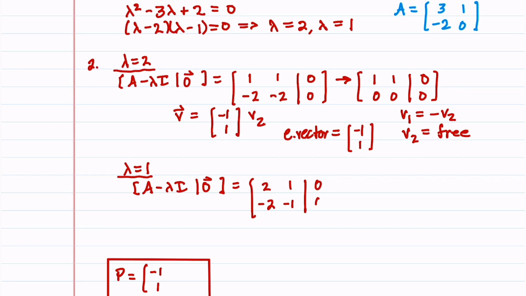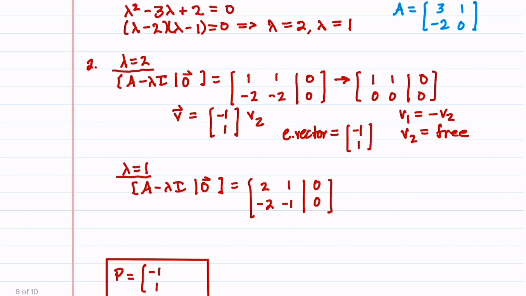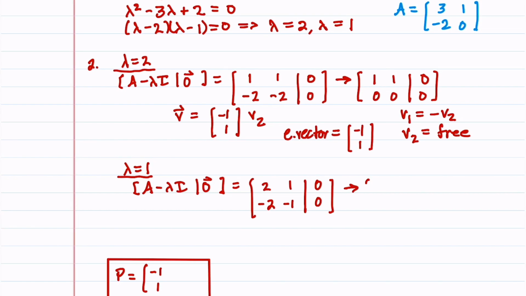We're going to augment this with 0. And we have repeating rows, so we can easily reduce this. Let's divide the top row by 2. So we have a 1 and a half, 0, 0. So we end up with V1 is minus 1 half V2, and V2 is our free variable.